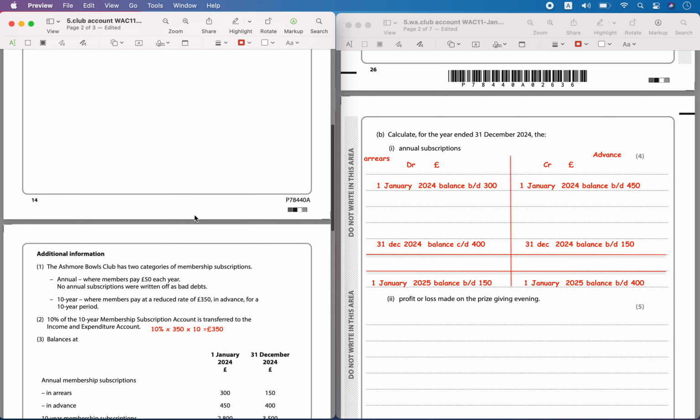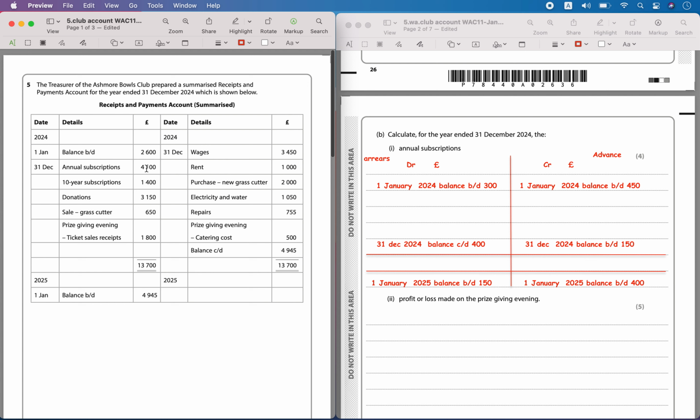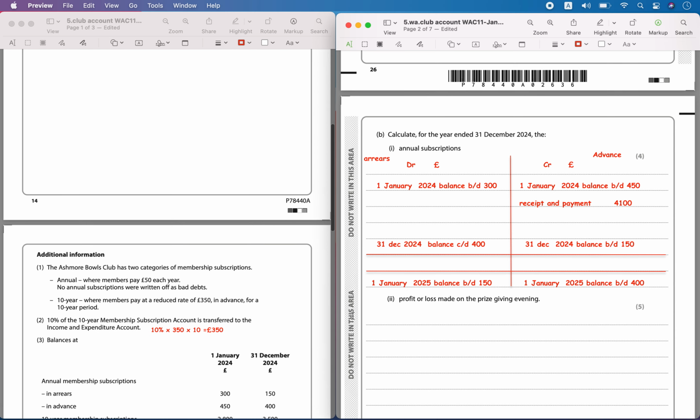Now we can see that the annual subscriptions received were 4100, as the receipt and payments account states. Now we have to calculate how much of it should go into the income statement.